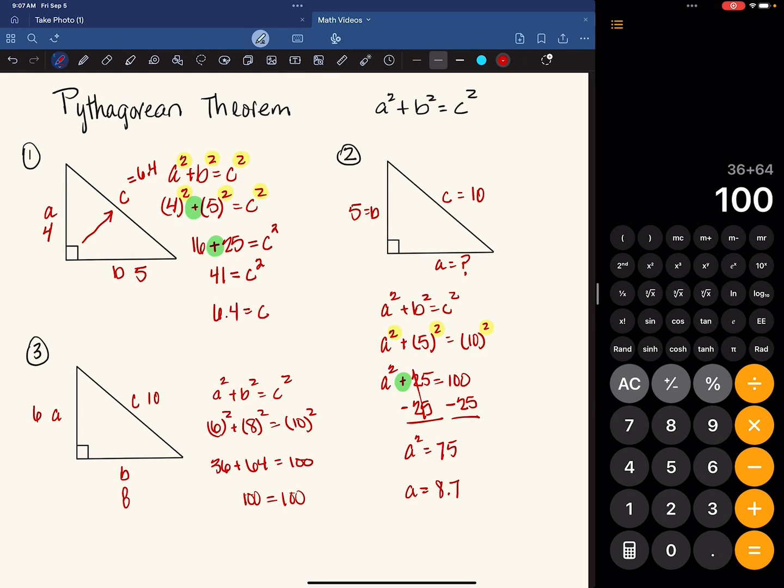So once you add 36 and 64, you look to see, does that equal 100? Well, in this case, it does. So if they come out to be the same number on both sides of the equal sign, then this is a right triangle. So we answer the question as yes. This is a right triangle.